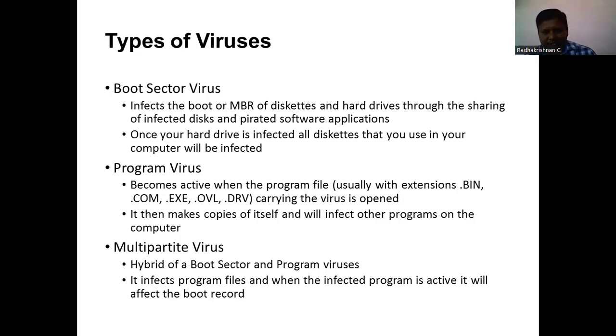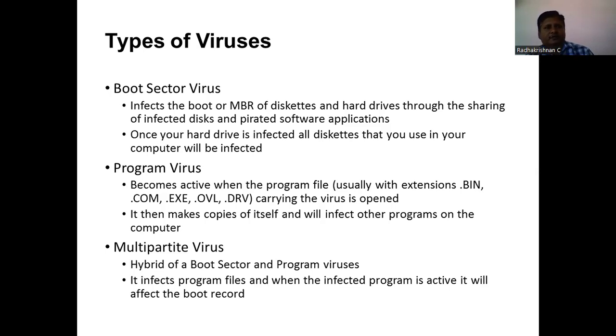And a program virus is related to your program, meaning the virus will be present in program files. It becomes active whenever the program file runs, usually when the extension is .bin, .com, .exe, .ovl, .drv.